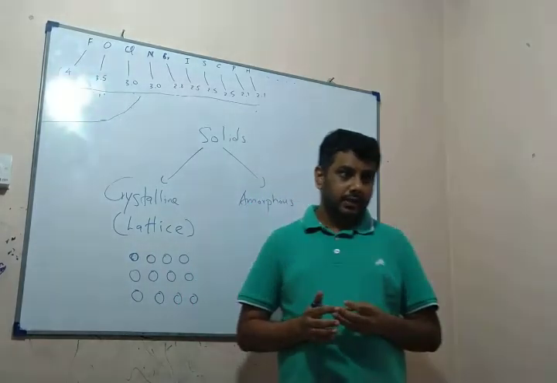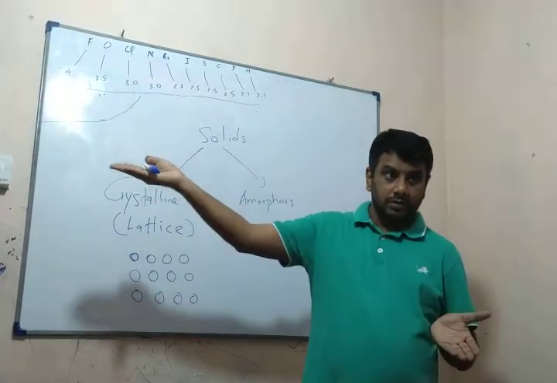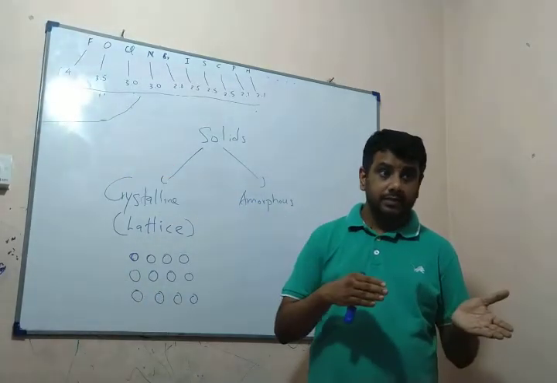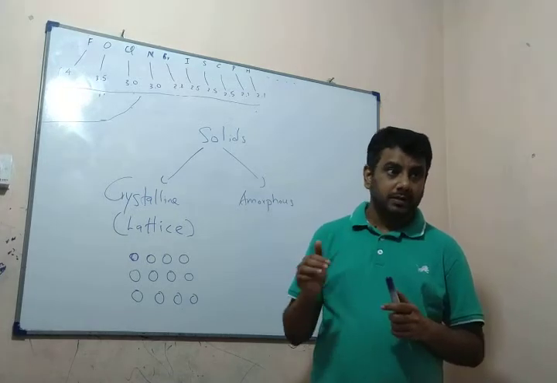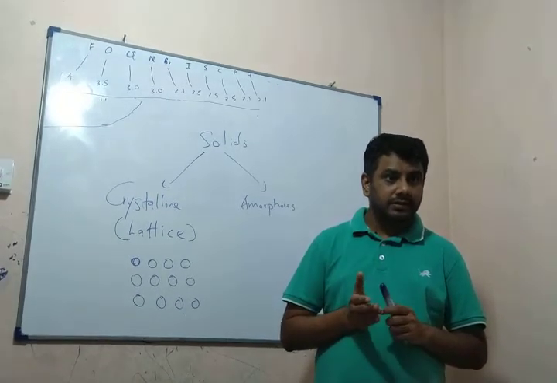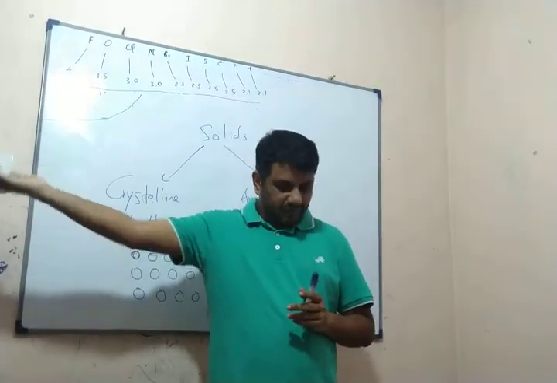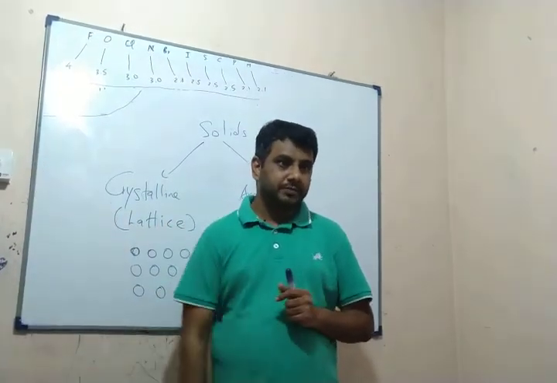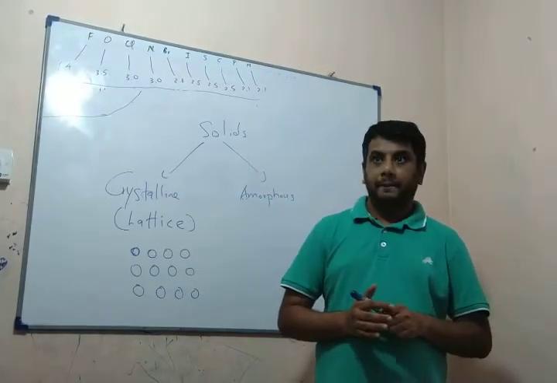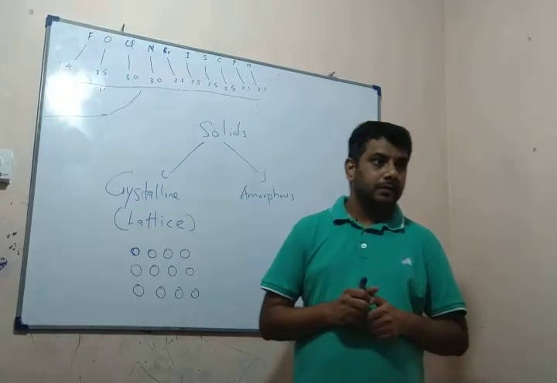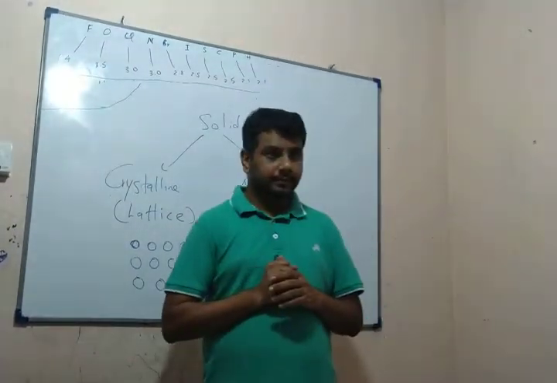Silk cloth is a protein, and leather is protein because it's normally obtained from animals. And wood, timber is also a polymer, cellulose. So all polymers belong to amorphous solid.